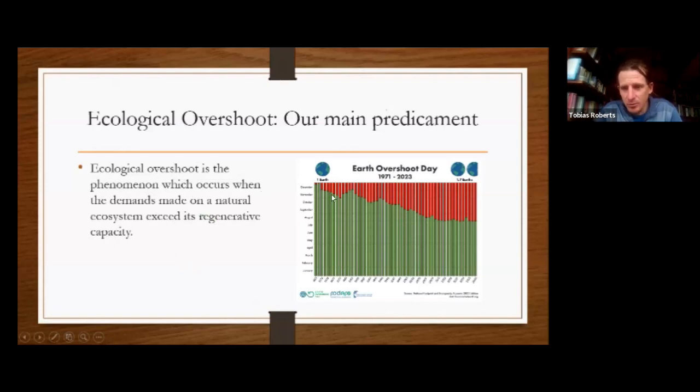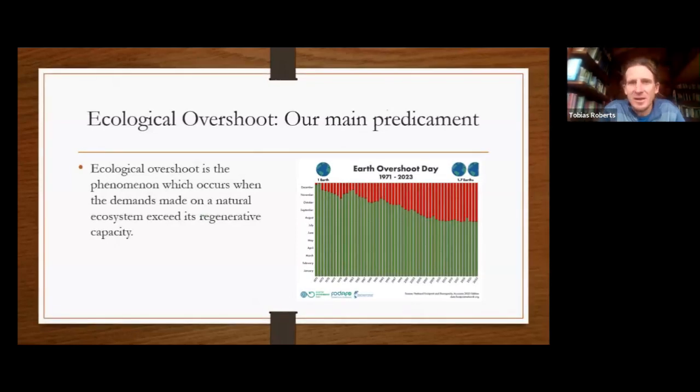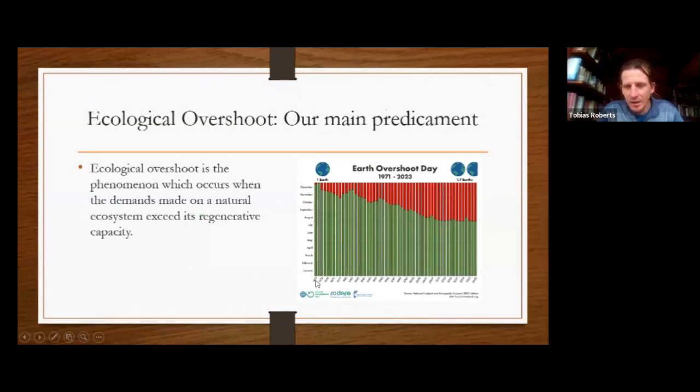Scientists have talked a lot recently about Earth Overshoot Day, which is the day of the year where we have used up more materials and more energy than the Earth can produce for us. If you look at this graph here, I hope you can see it, back in 1971, Earth Overshoot Day occurred at the end of December, almost the last day.